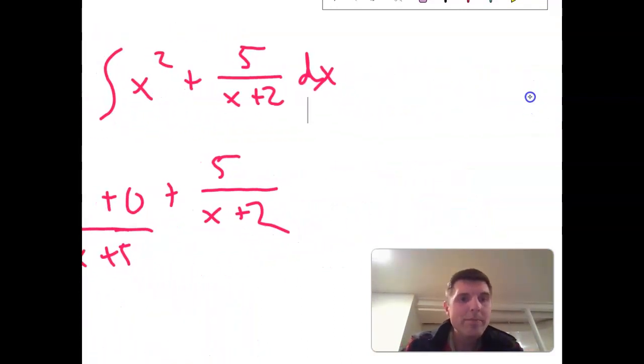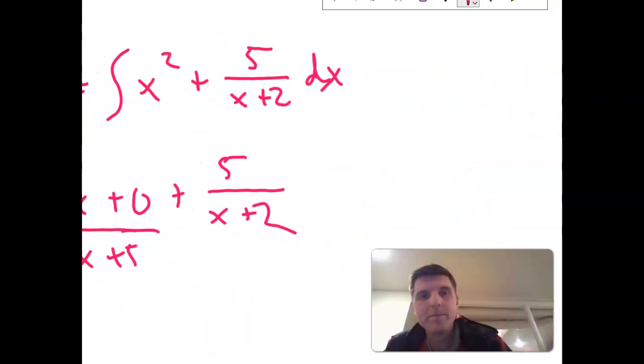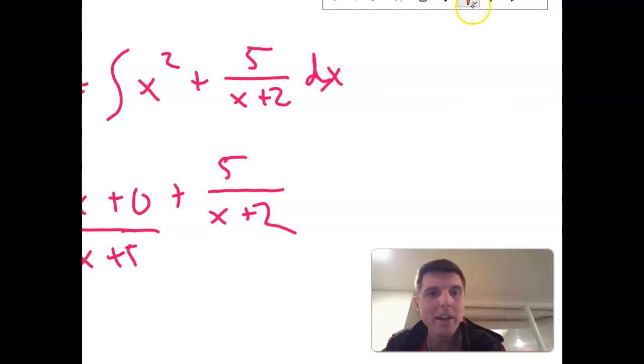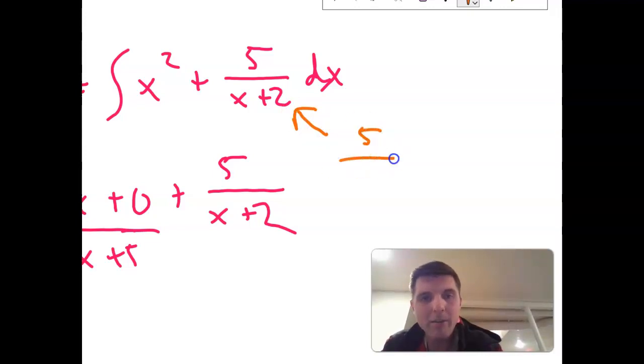I'm going to change colors here for this, just so we can see this a little bit. This term, it looks a little bit weird, 5 over x plus 2. But what if I just pulled the 5 out front? So it's 5 times the integral of 1 over x plus 2.